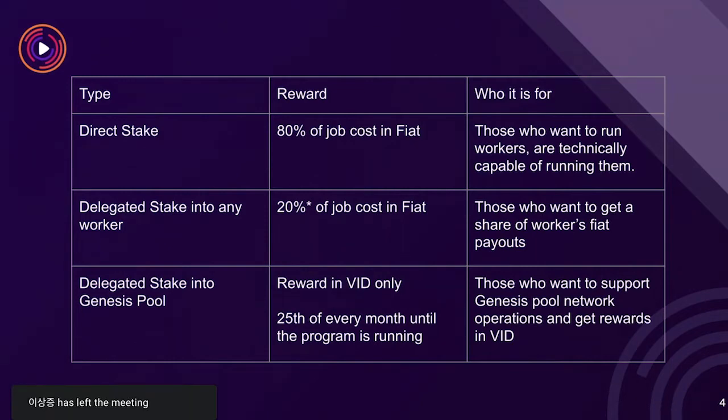So it checks those three things, does a weighted average, and selects a worker randomly, whose probability of getting selected is directly proportional to the stake. Direct staking is for those who want to run workers and those who are technically capable of running them. We've tried hard to make the worker setup as simple as possible.